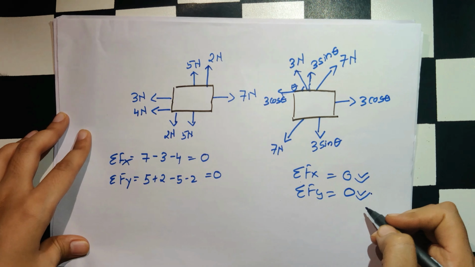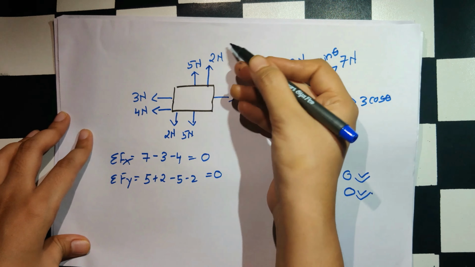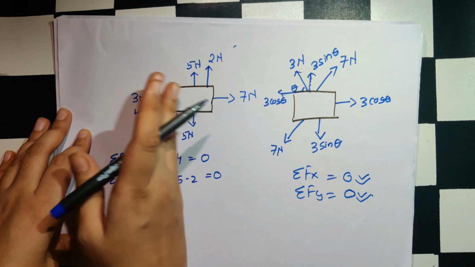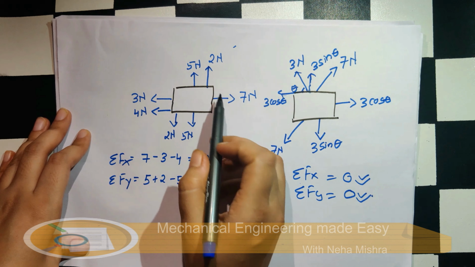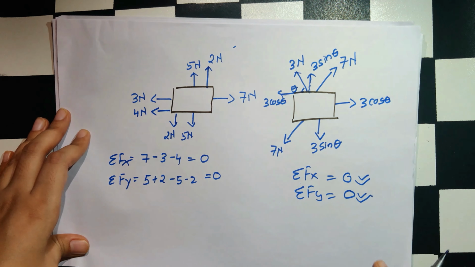Yes, it has to be 0. Only then your block will not move. Only if the upward force is balancing the downward force, and the force in the left direction is balanced by the force in the right direction, then your block is in equilibrium condition and it will not move.